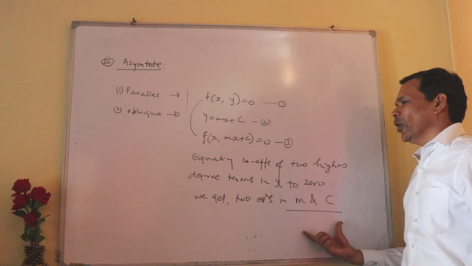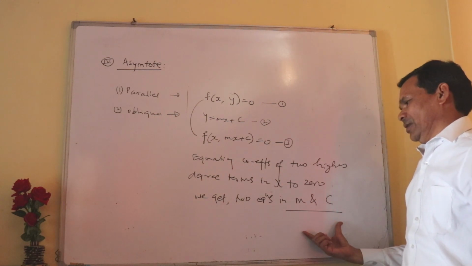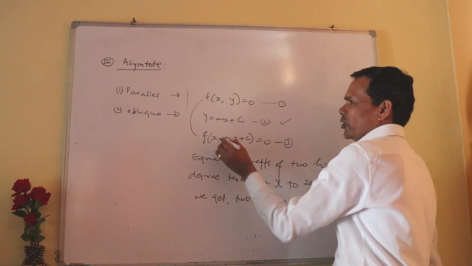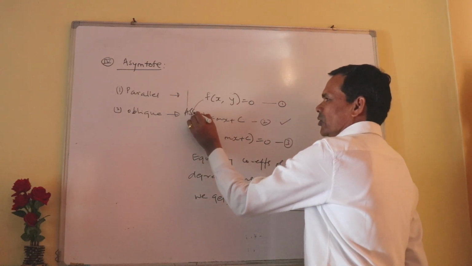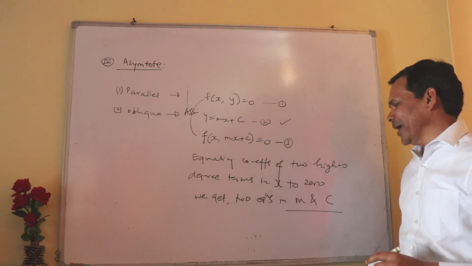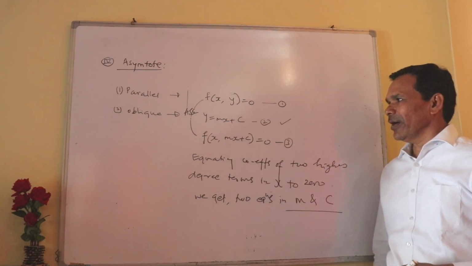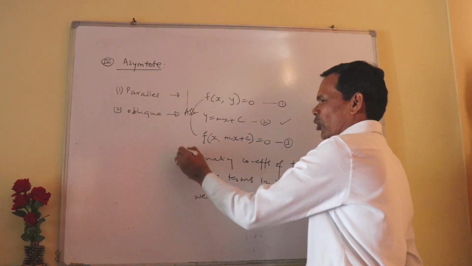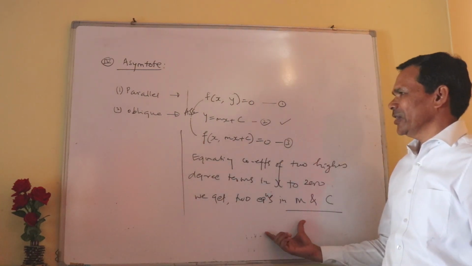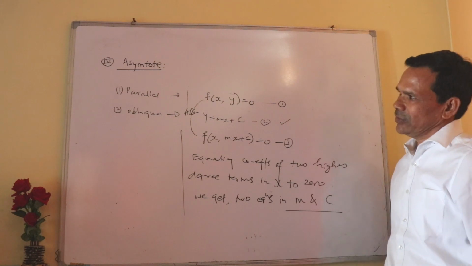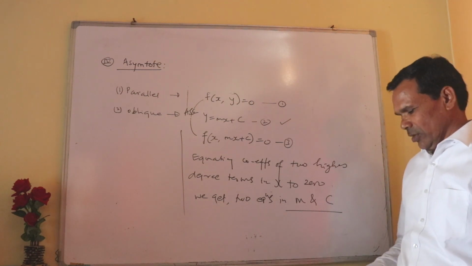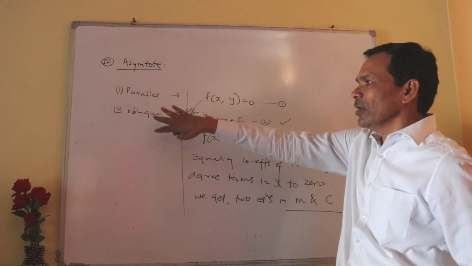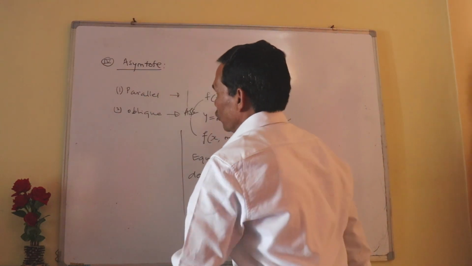Solving those two equations for m and c, we get the values of m and c. Substituting these values in y equal to mx plus c, which was assumed to be an asymptote, we get the required straight line as an oblique asymptote. This is the technique. There is one more technique, but this is the easy technique to find the oblique asymptote to the given curve. So this is the way you can find parallel asymptotes and oblique asymptotes.